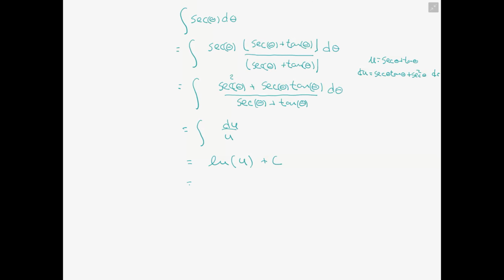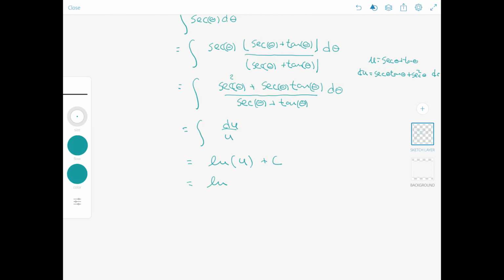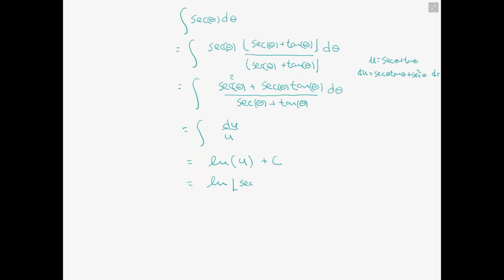Then we substitute back in. We got u, which is secant theta plus tangent theta, plus c. Now that's the integral for secant theta d theta.